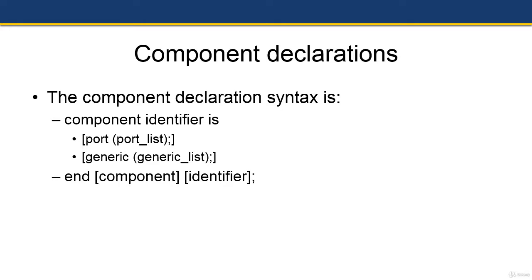The syntax is basically similar to that of the entity statement. Component identifier is then a generic list and a port list, followed by end component identifier. The component declaration is made in the declarative part of an architecture, and the syntax is, again, very similar to that of the entity.